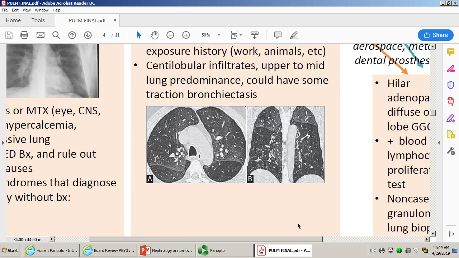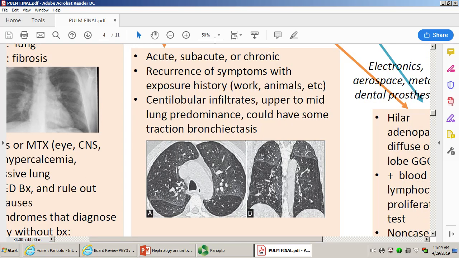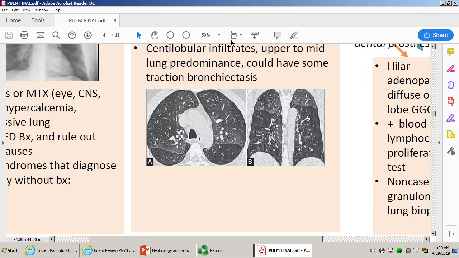So now the middle one here, granulomatous disease. This can present acutely, subacutely, chronically, with recurrence with exposures. The infiltrates are usually upper to mid lungs, we think. Hypersensitivity pneumonitis: if you did a biopsy, you would see granulomatous changes, not that you would always need to do biopsies in these patients.